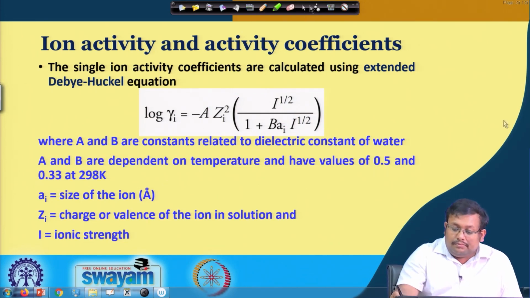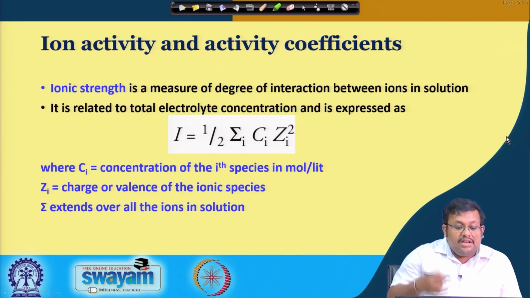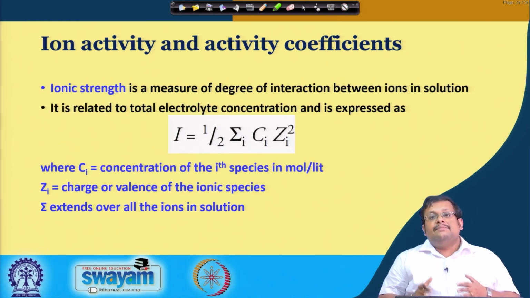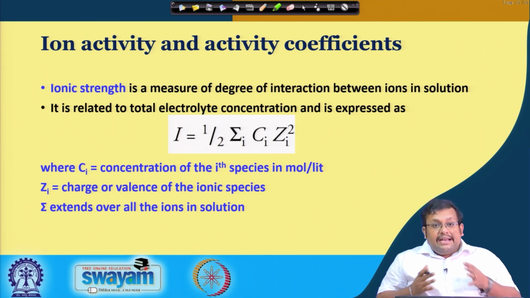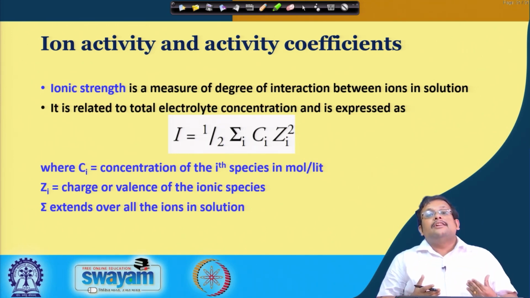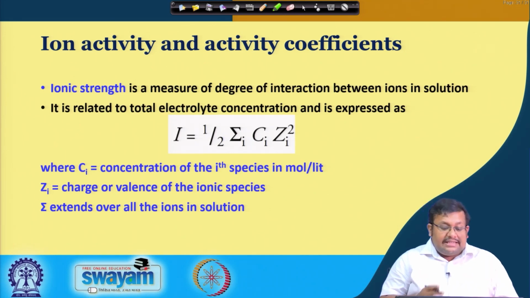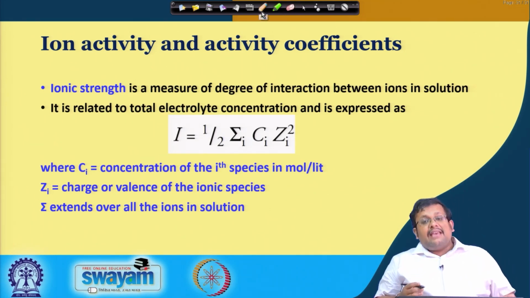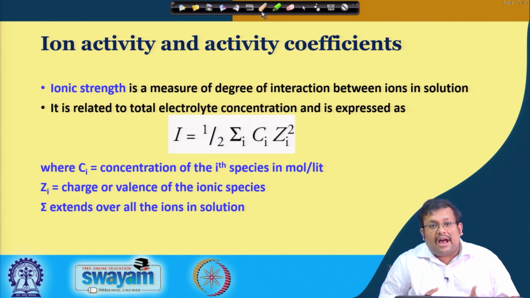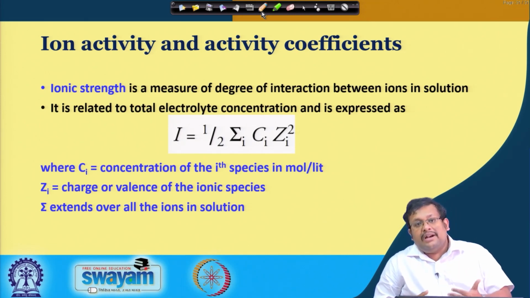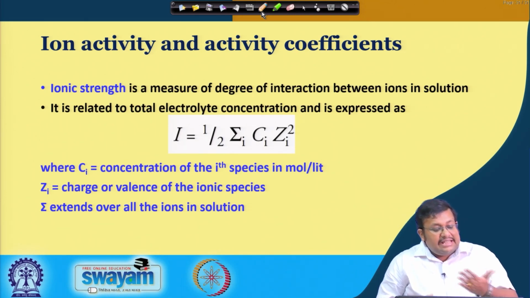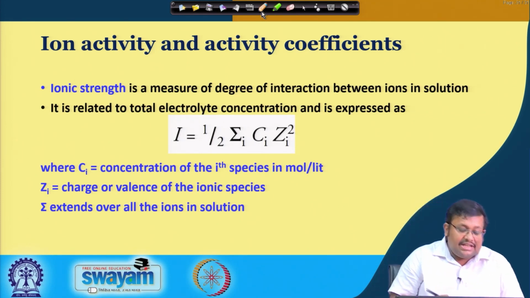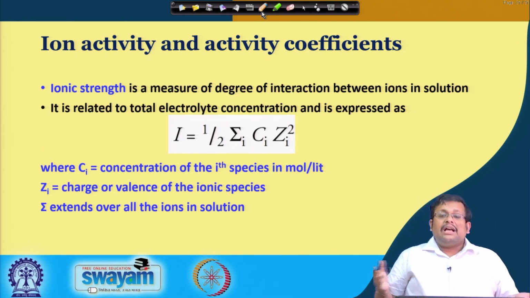Ionic strength is a measure of the degree of interaction between the ions in the solution, and it is related to the total electrolyte concentration. It is expressed in the form of a summation, where Ci is the concentration of the ith species in mole per liter, and Zi is the charge or valence of the ionic species, where this summation extends over all the ions in the solution.